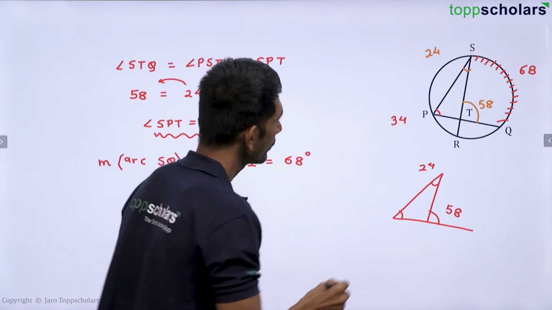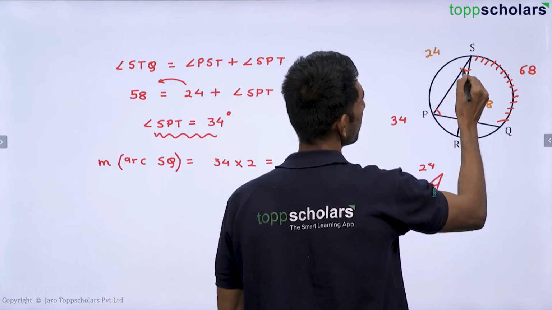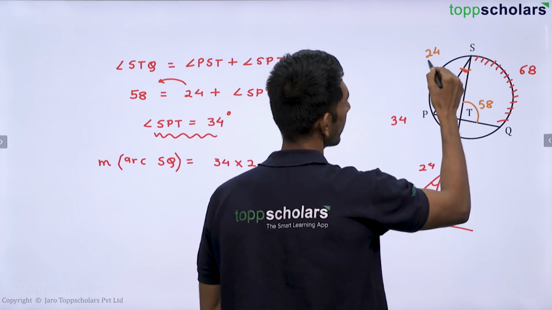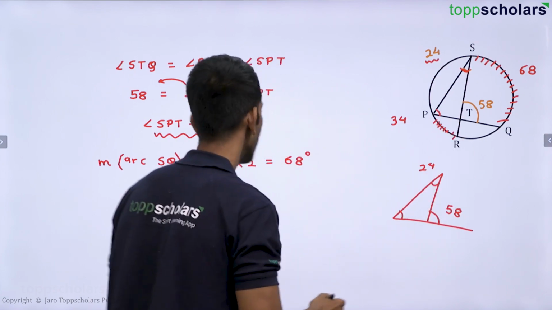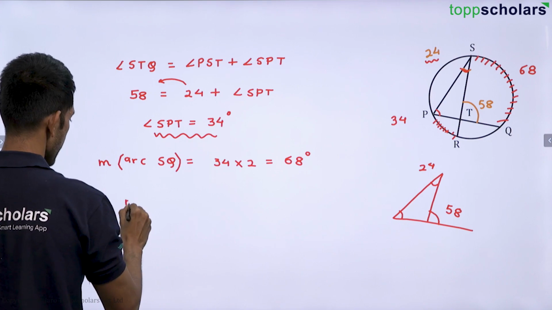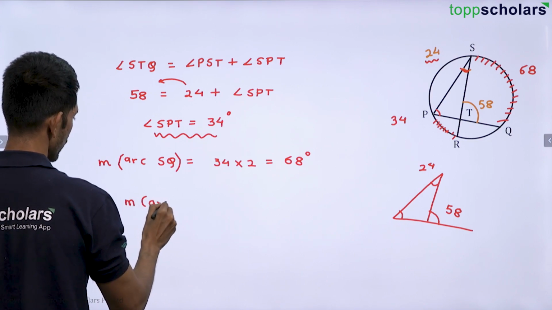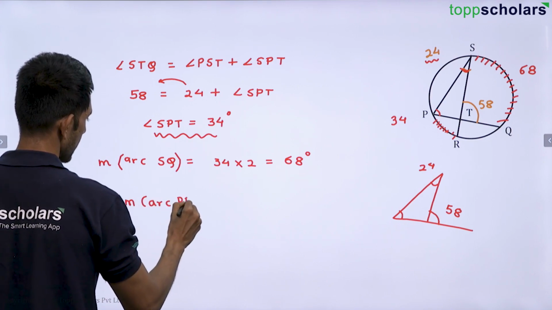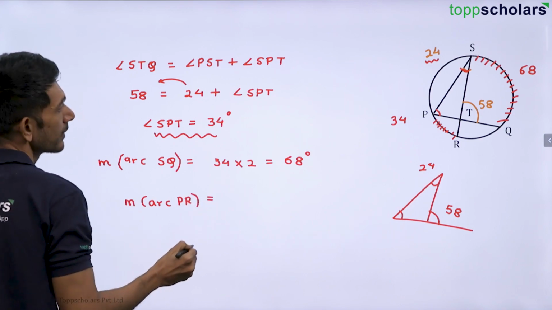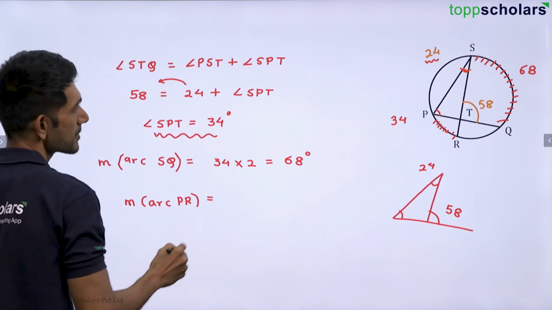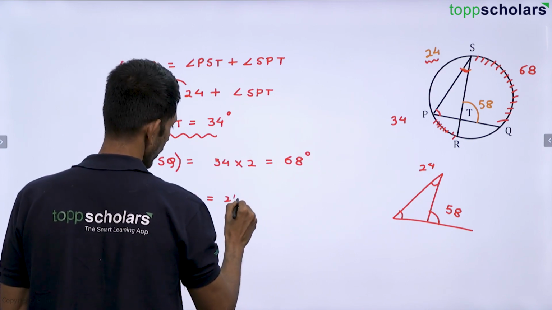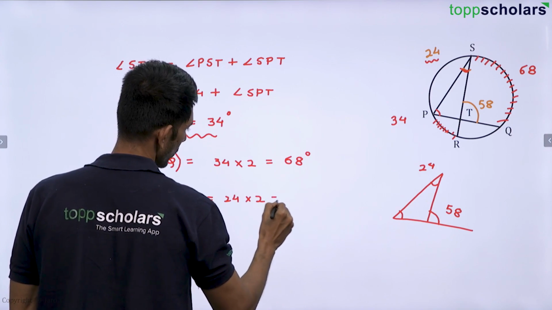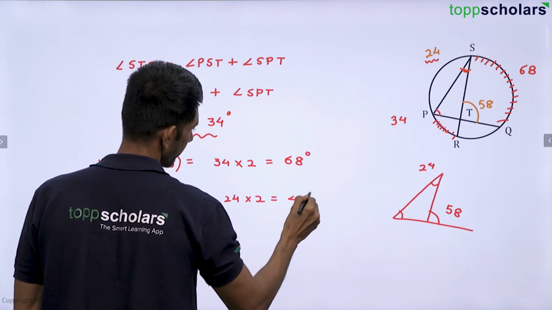Similarly, angle PSR is 24 degrees. So can I find out measure of arc PR? Measure of arc PR will be 24 into 2, that is 48 degrees.